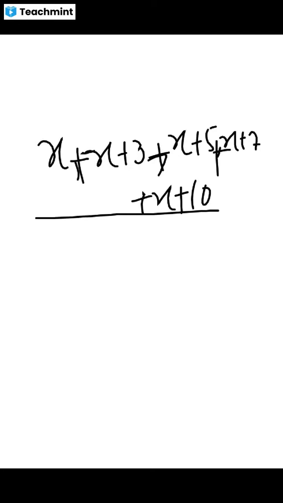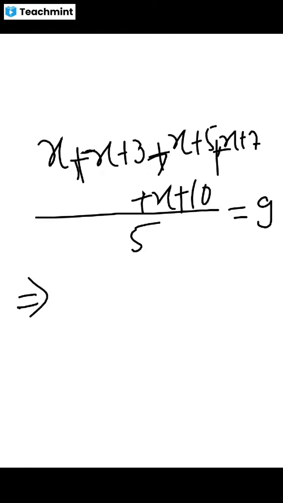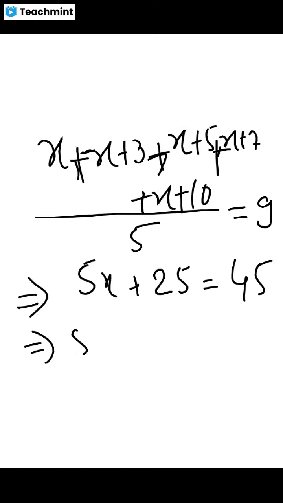So 1, 2, 3, 4, 5 divided, this is equal to 9. How much is this? 5x plus 8, 7, 15, 15 and 10, 25. Then 5x plus 25 divided by 5 is 9, so it is 45. So 5x is equal to 20. x is equal to 4.